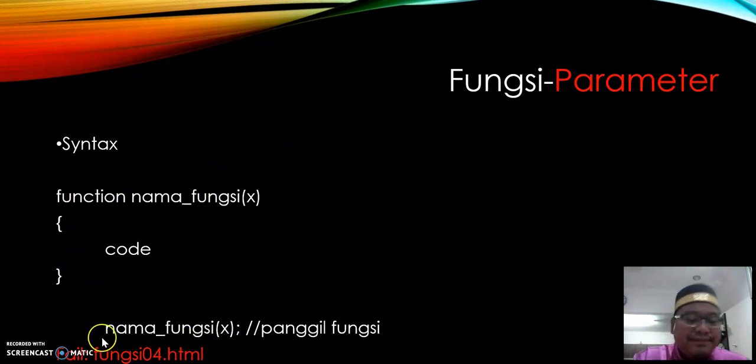For example, this is the function name. The function name depends on what you name your function, and you call it by the same name. For example, you have one parameter x, and this x is what you send to the function as the parameter.